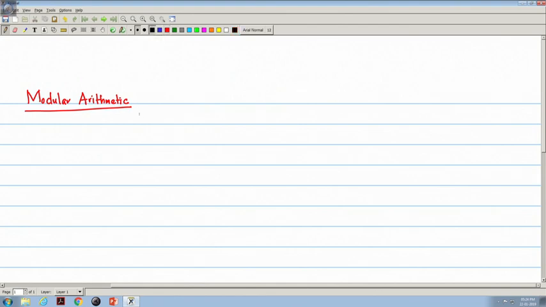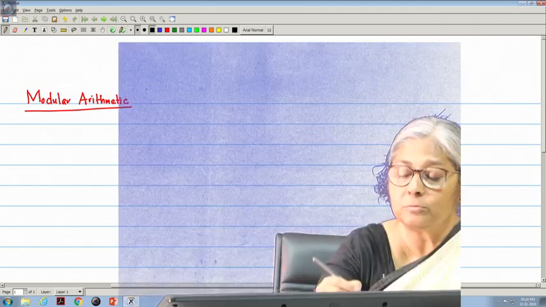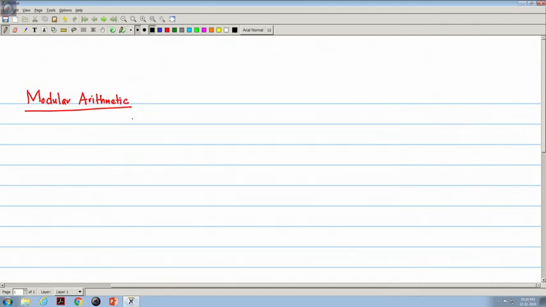So, let us quickly write the three basic arithmetic properties that we have read. The addition: a modulo n plus b modulo n, and if I take the modulo of the whole, this is nothing but a plus b modulo n.